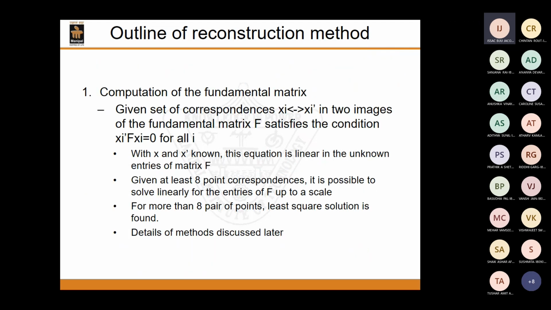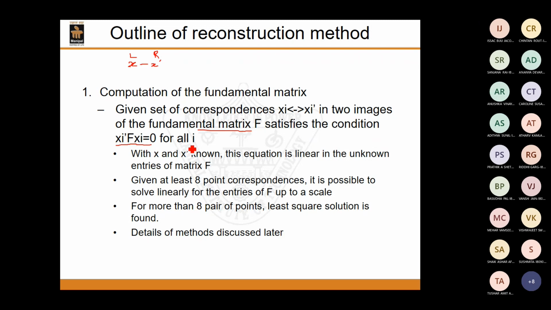Now for computation of the fundamental matrix, how we start off is, what we know is we have this point-to-point pair correspondence, right? That means in the left image I have a point x, and in the right image I have found the corresponding point, which is x dash. If this point-to-point correspondence is known to us, then we try to find the fundamental matrix using this formula: x dash transpose F x equals 0, right?